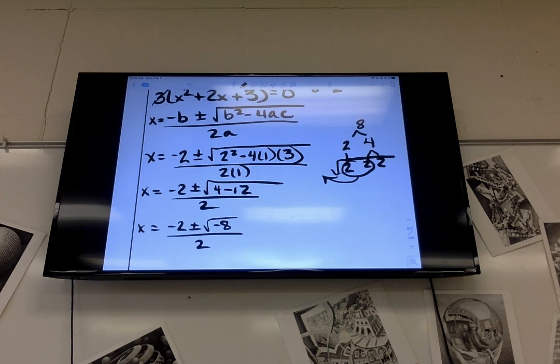The square root of 4, because 2 times 2 is 4, is 2. So that's -2 plus or minus 2. And then whatever's left under the square root has to stay under the square root. And then we also have to put an I there, because there's a negative under the square root.